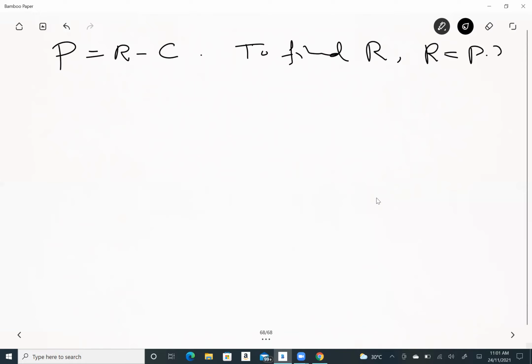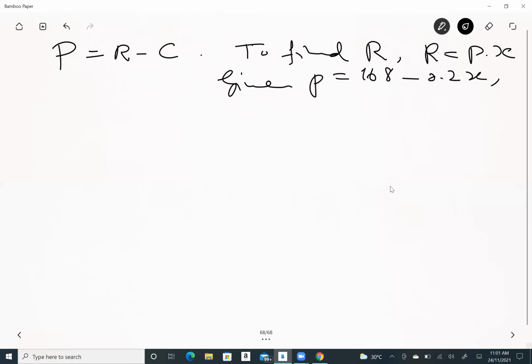So here, profit is equal to R minus C. So you need to find R. Now R is equal to what? P times x. Now given the demand function P equal to 168 minus 0.2x.